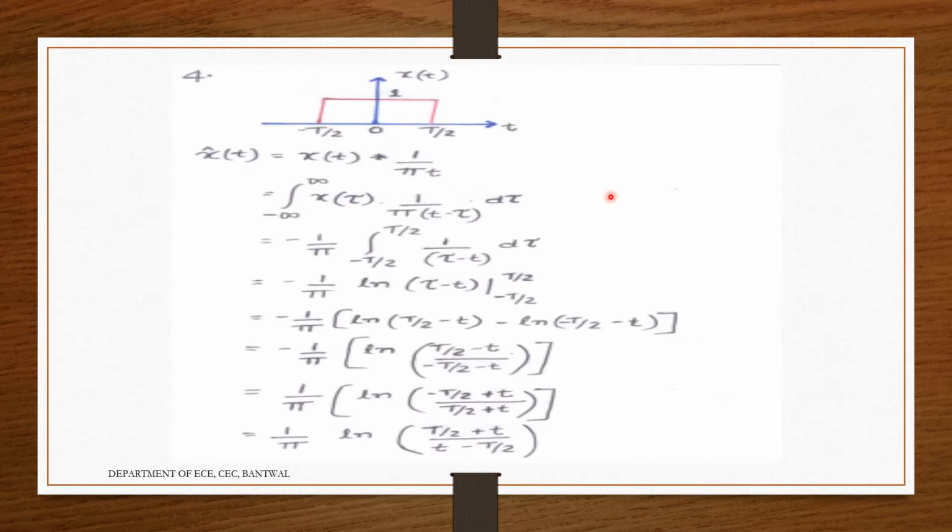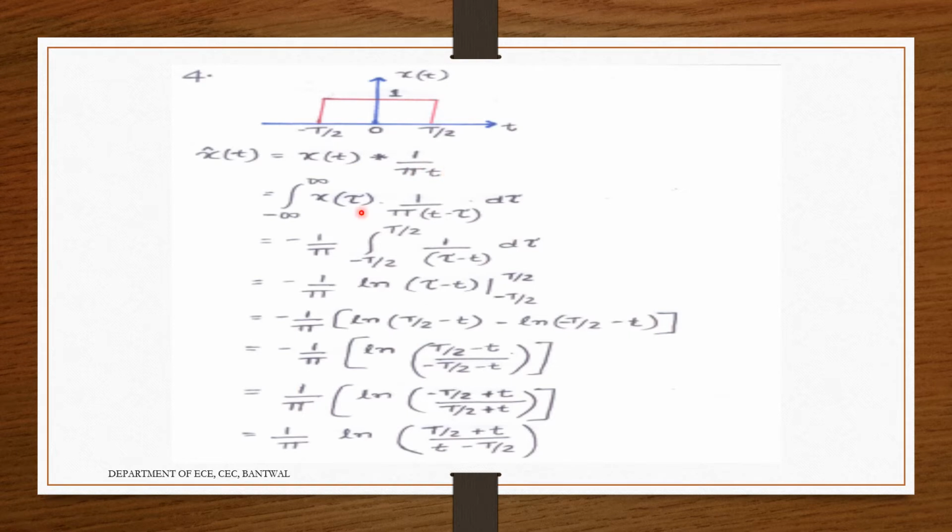Here also we need to do it in a graphical way. The graph is showing that x of t has an amplitude of 1, with a range from minus T by 2 to T by 2. So x cap of t is equal to x of t into 1 by pi t.